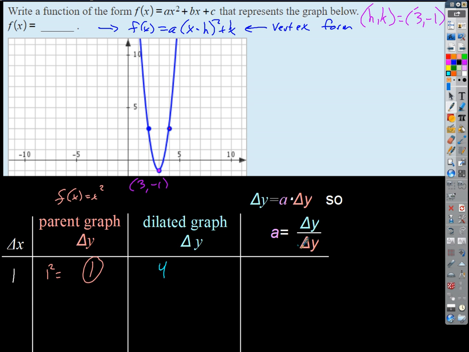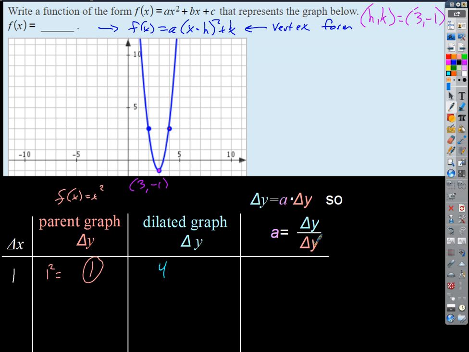Because A multiplies the undilated value to get the dilated value, so 4 equals A times 1. Another way of thinking about that is, if I solve for A, it's just the dilated value divided by the undilated value, final divided by initial.